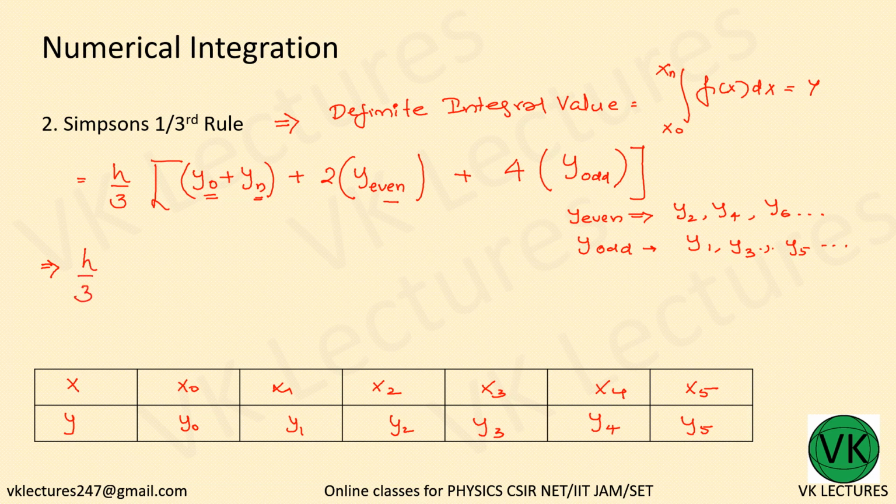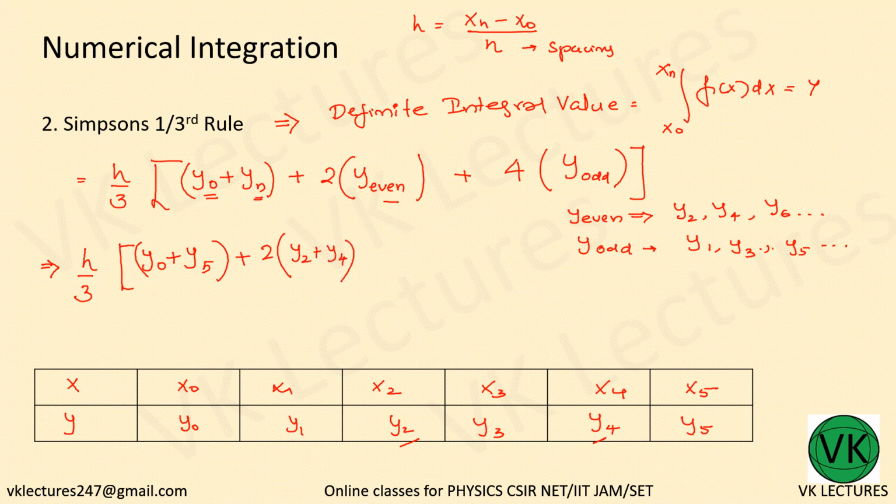Now h is, as we mentioned earlier, xn minus x0 by the number of spacing n. So h by 3 into y0 plus y5, that is the last term, plus 2 into even terms. The even terms are y2 and y4. So let us write y2 plus y4 plus 4 times the sum of the odd terms.